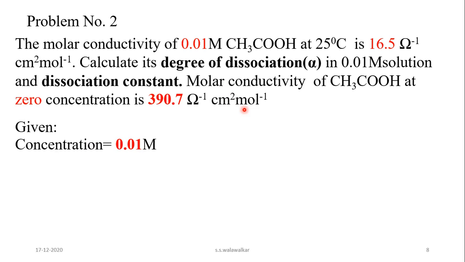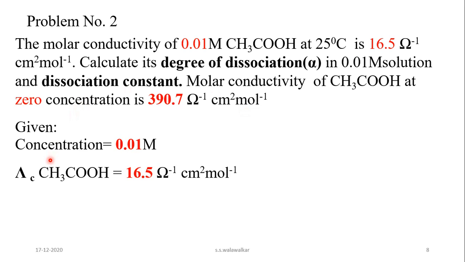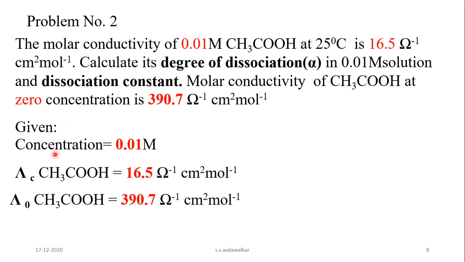Concentration is 0.01 molar, lambda C is 16.5, and lambda 0 is 390.7. You have to find alpha as well as K at 0.01 molar concentration.